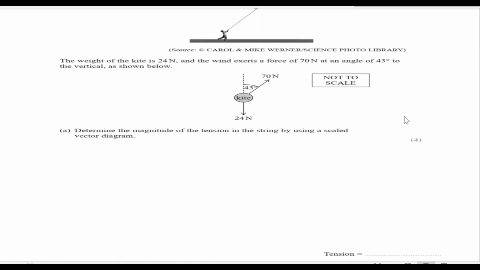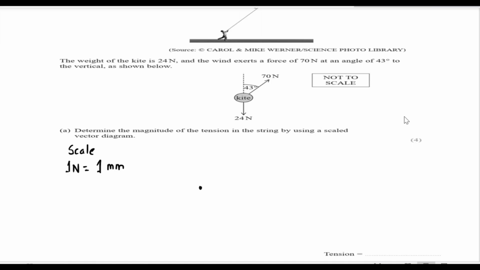Determine the magnitude of the tension in the string by using the scaled vector diagram. First we have to fix the scale, say 1 Newton equals 1 millimeter. So to solve this question we need a scale.